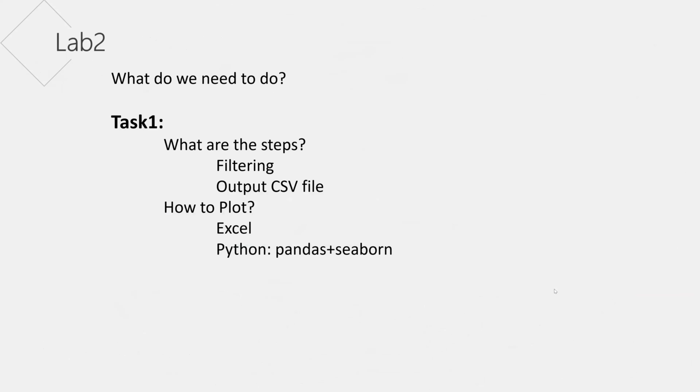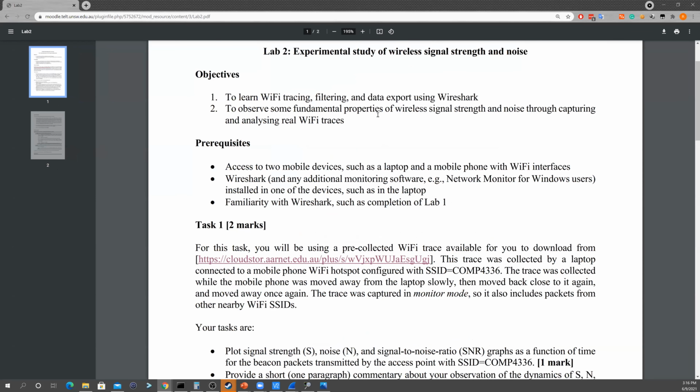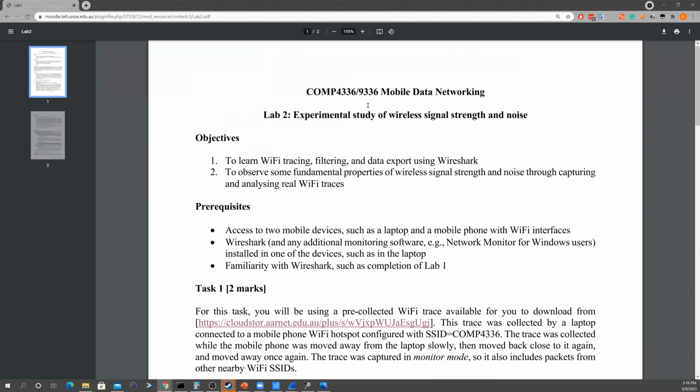Okay, sorry. Yeah, let's go to lab 2. So let me give a brief introduction of what we need to do in lab 2. Let me open lab 2 first. Because we don't need to do any submission on lab 1, all we need to do is make sure you do the submission for lab 2.